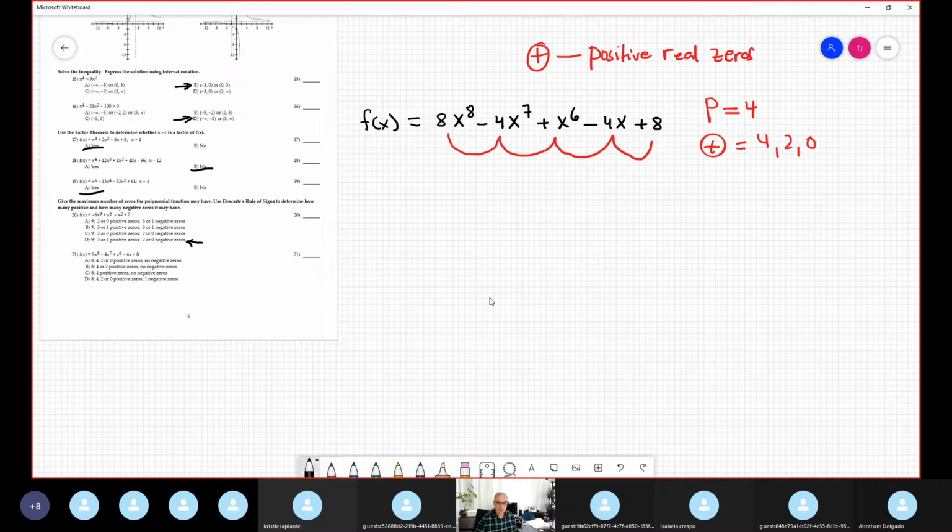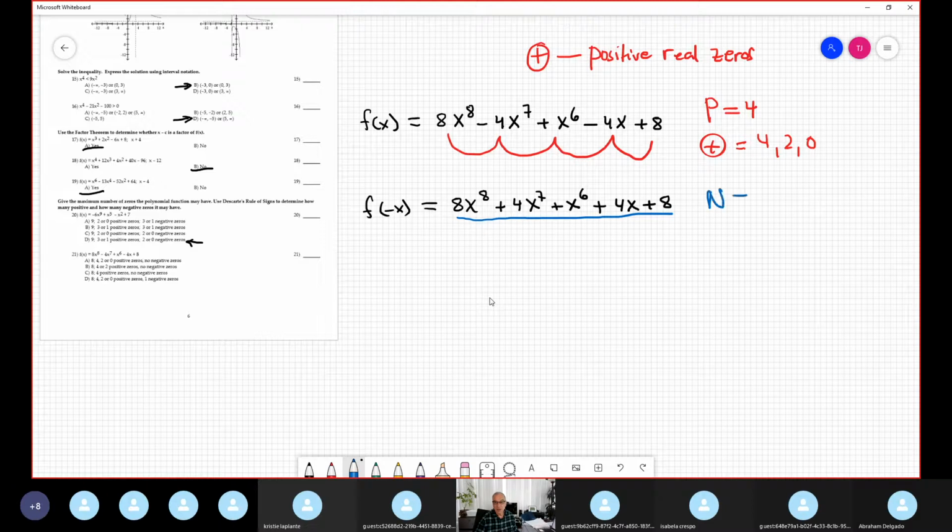Now make a reflection. Remember the reflection: the even powers stay the same. This has no change. This stays the same. This no change. And this of course stays the same. It's obvious that we have no sign change. Everything is positive. N is 0.